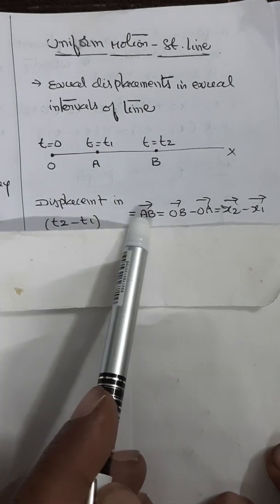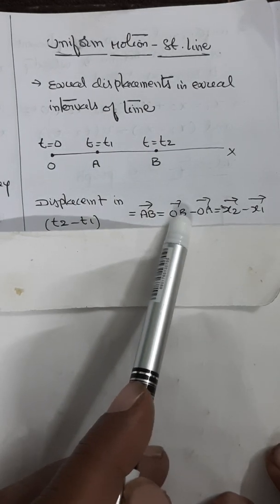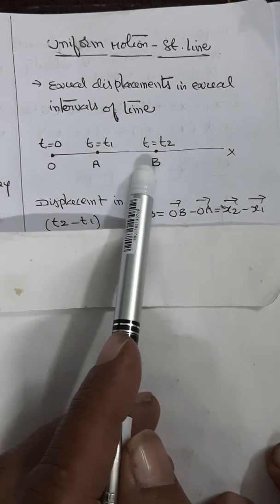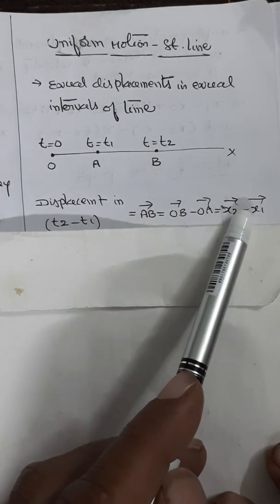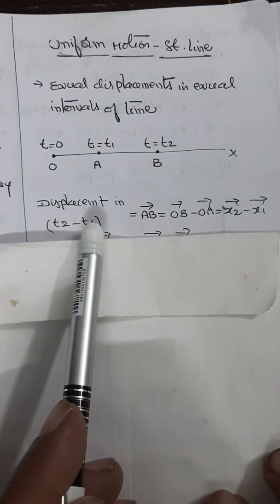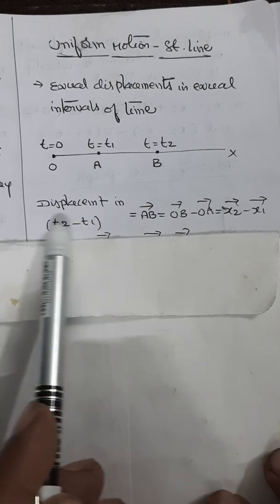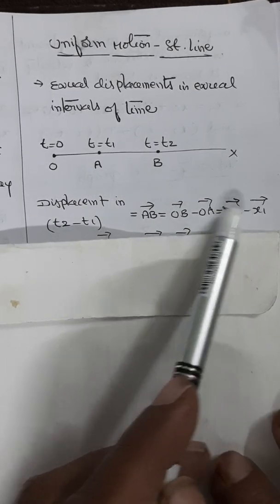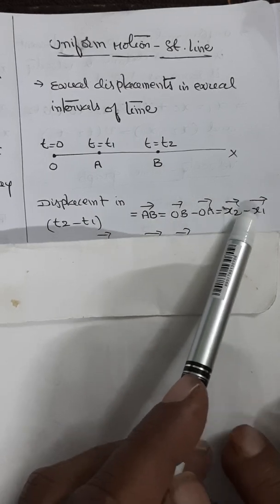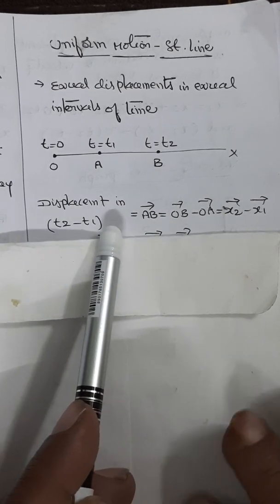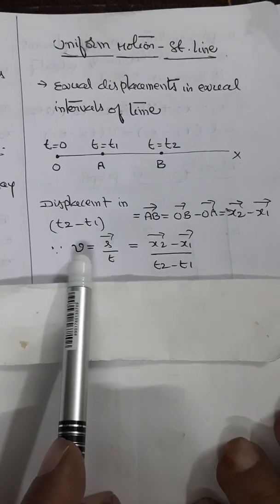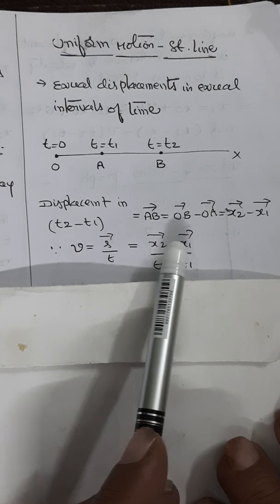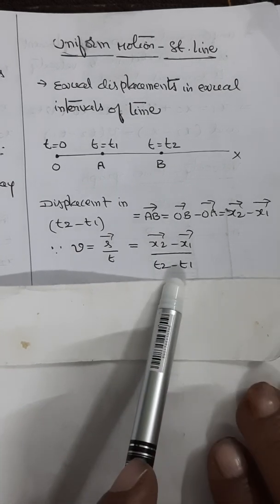Vector OB is the distance covered x2 and this is x1. This all happened in the time interval t2 minus t1. So in the interval t2 minus t1, the displacement covered is x2 minus x1. Therefore, you can calculate velocity as displacement by time, that is x2 minus x1 by t2 minus t1.